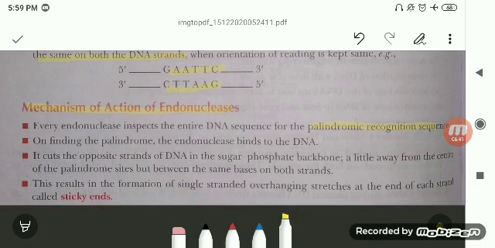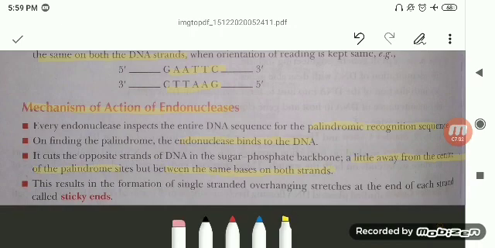On finding the palindrome, the endonuclease binds to the DNA. It cuts the opposite strands of DNA in the sugar phosphate backbone a little away from the center of the palindrome site, but between the same bases on both the strands.